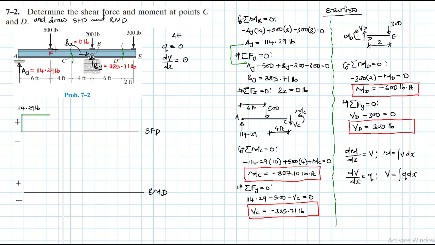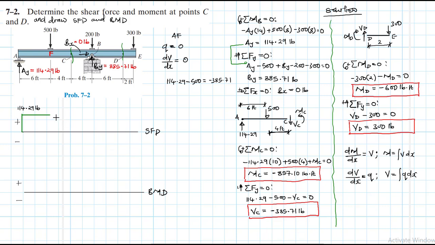Great. When it reaches where we have a point load of 500, the two will need to add up algebraically, considering the signs. So we are going to have 114.29, which is positive, minus 500, which is negative. When the two interact, we are going to have a value of minus 385.71. So 114.29 will be reduced by 500.